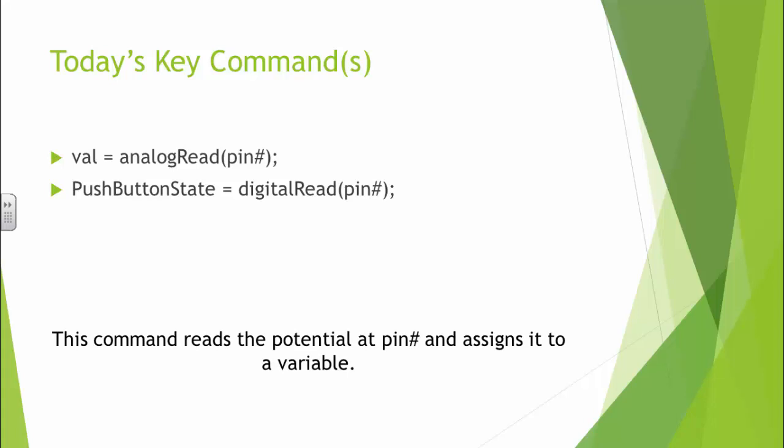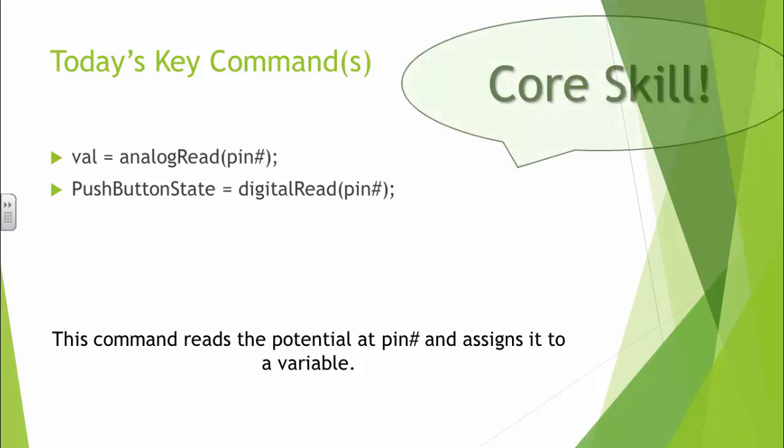And when we trigger this command, the potential at the pin number gets assigned to our variable. Either yes, no in the digital case, or a given numeric value in the analogRead case. And this is our absolute core skill. We need to be able to read these pins to be able to implement even the simplest of devices.